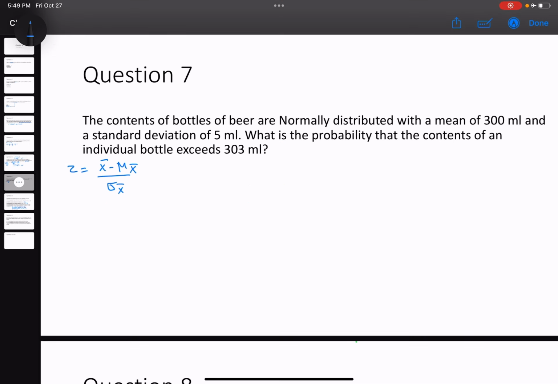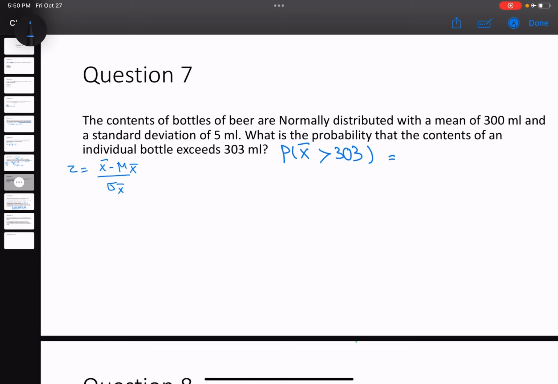Question 7. The contents of bottles of beer are normally distributed with a mean of 300 ml and a standard deviation of 5. What is the probability that the contents of an individual bottle exceeds 303 ml?